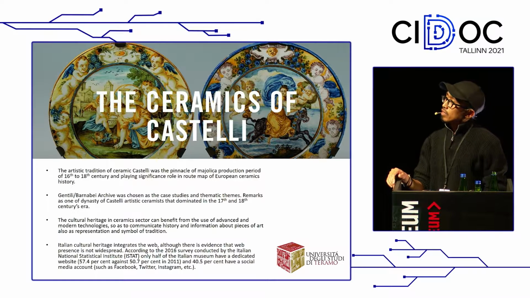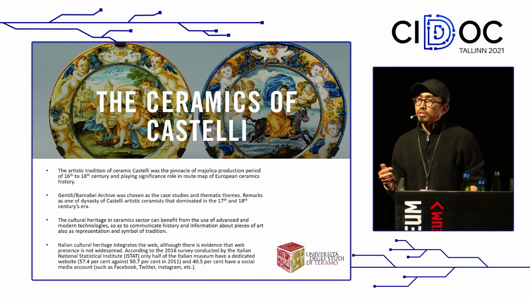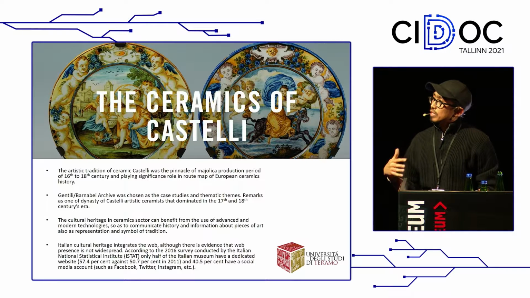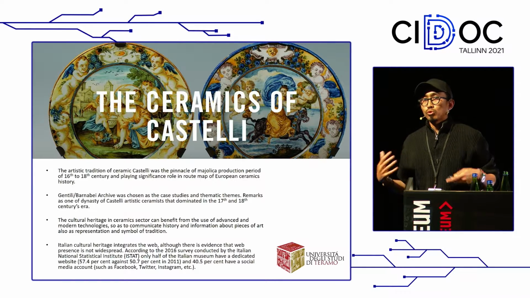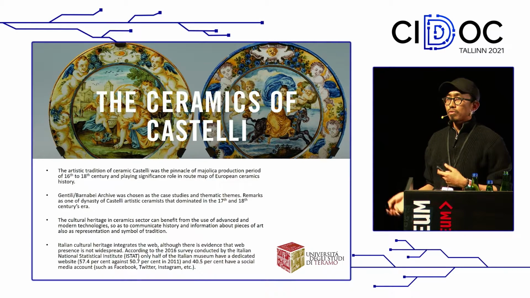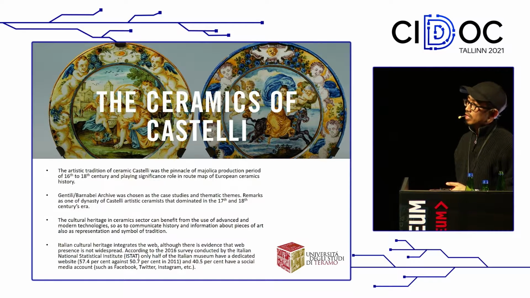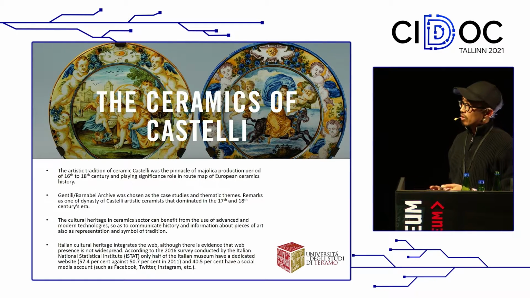Then, of course, the platform itself presents the ceramics, and the factors of modern technologies and how they can be involved, also for the representation of the art pieces of the collection.